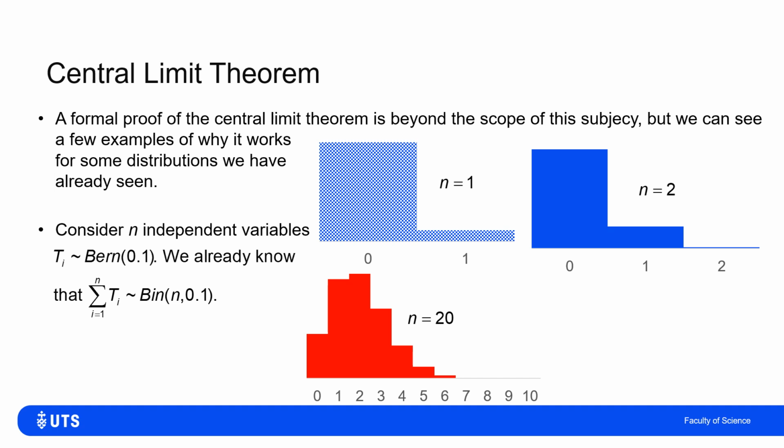If I up the sample size to 20, so if I take 20 draws from this Bernoulli, even though each Bernoulli is far more likely to be a 0 than a 1, when I've got 20 draws, and I've only got a 10% chance of a 1 on each, I'd expect about 10% of 20, so about 2 on average.